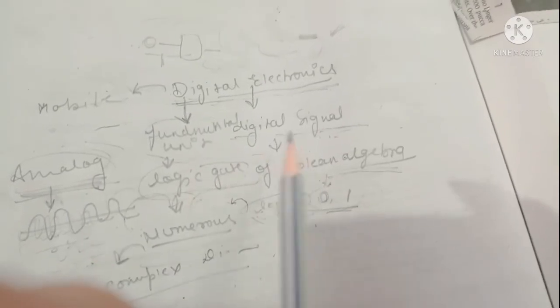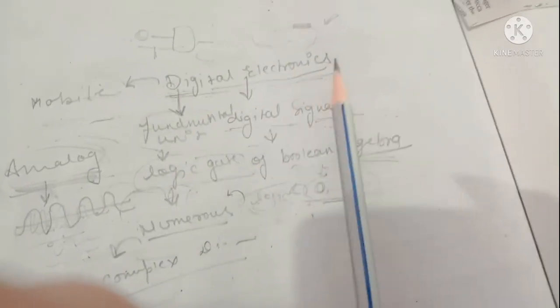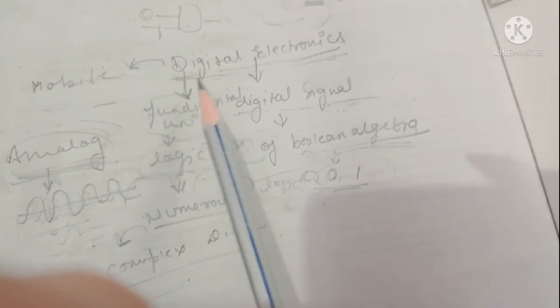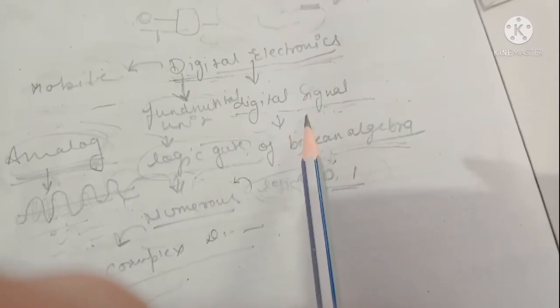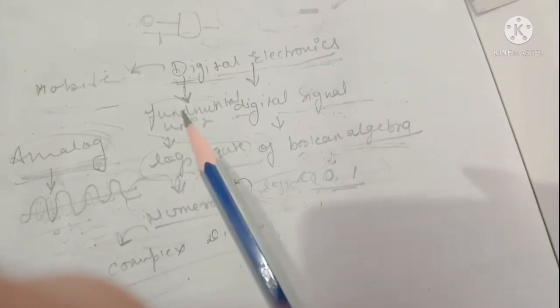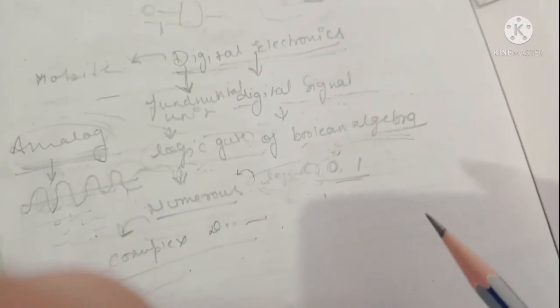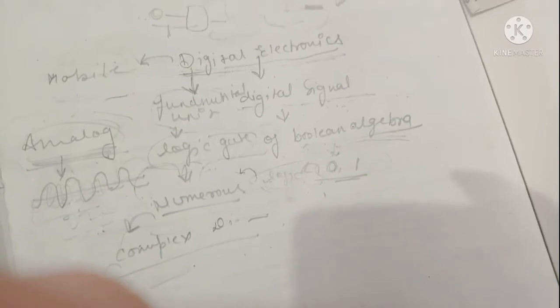These two signals are used, and most commonly we use the digital signal, and of course professionally and personally we use digital electronics. In digital electronics that uses digital signals, the fundamental unit is the logic gate, and numerous logic gates, when combined together, create a complex digital circuit.